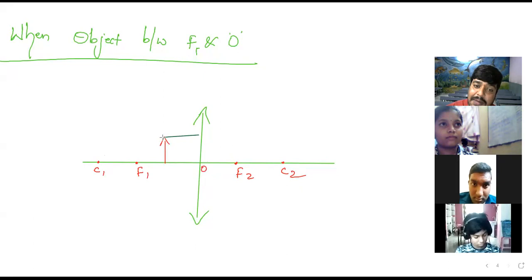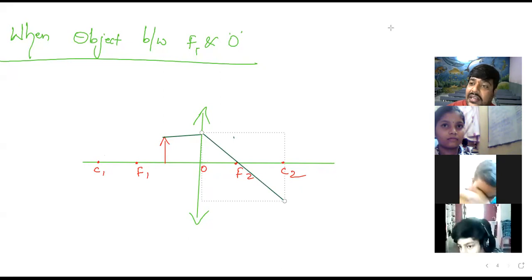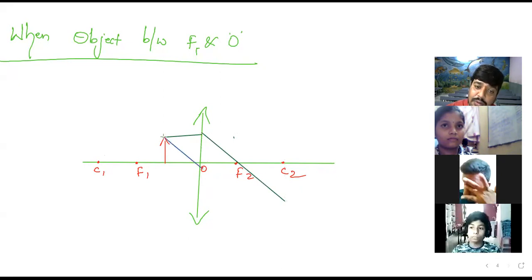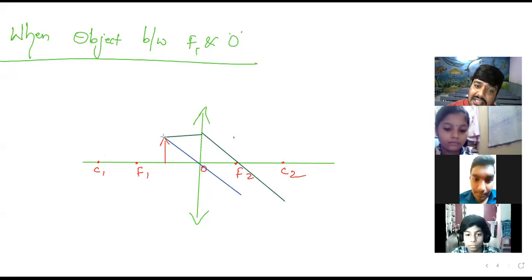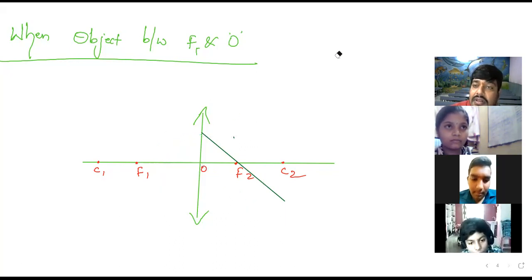Any ray which is parallel to the principal axis after refracting passes through the focal point. And next ray, any ray which passes through the optic center. Like this, it is there. Actually, they both are not. Draw like this.